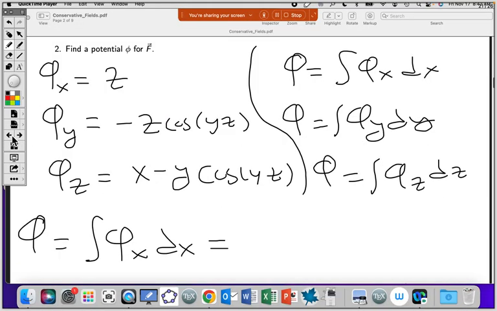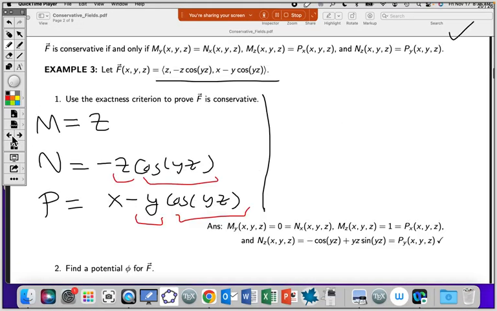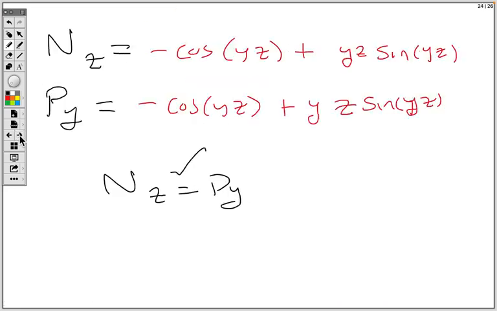When we started talking about Calc 3 at the very beginning of the course, I said the way we're going to be approaching calculus of several variables is we're going to be looking at one variable at a time. So this is just yet another instance of that.